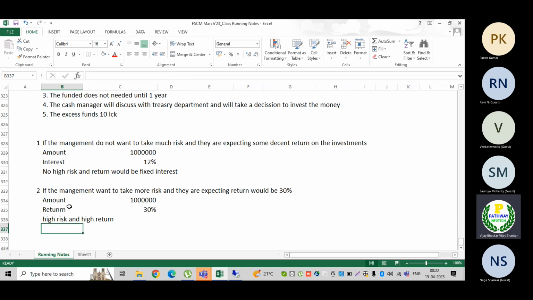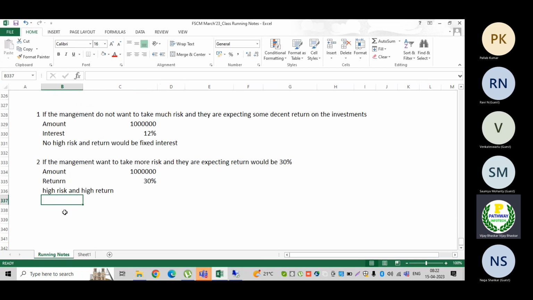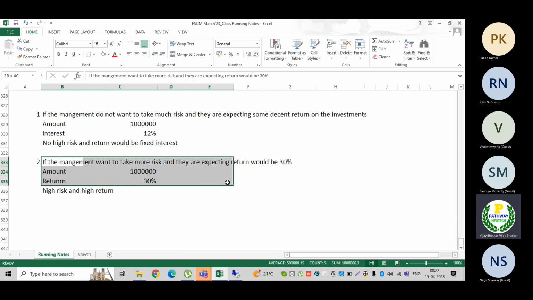Now before doing the investment, what will they do? They will do the investigation. Investigation in the sense the market risk analyzer will do the research. Let us assume they have decided to invest into Tata Steel, or into some forex transactions, or futures and options.